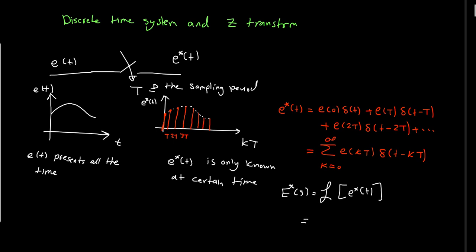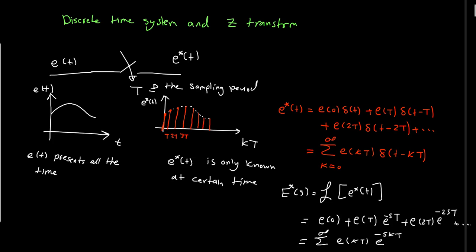It will equal E of 0, the constant, since the delta in Laplace will equal 1, plus E of T exponential of minus sT plus E of 2T exponential of minus 2sT, and so on, which can be written in compact form as the summation from k equal to 0 up to infinity of E of kT exponential of minus skT.